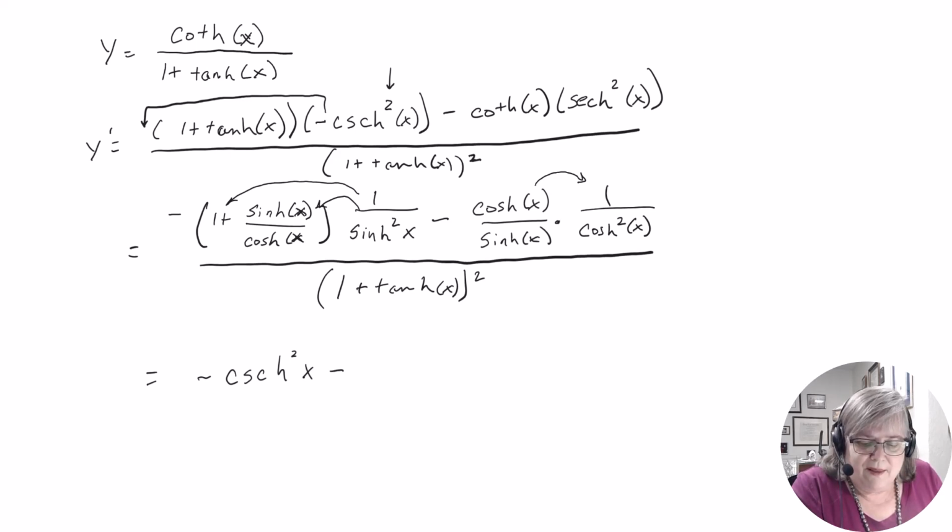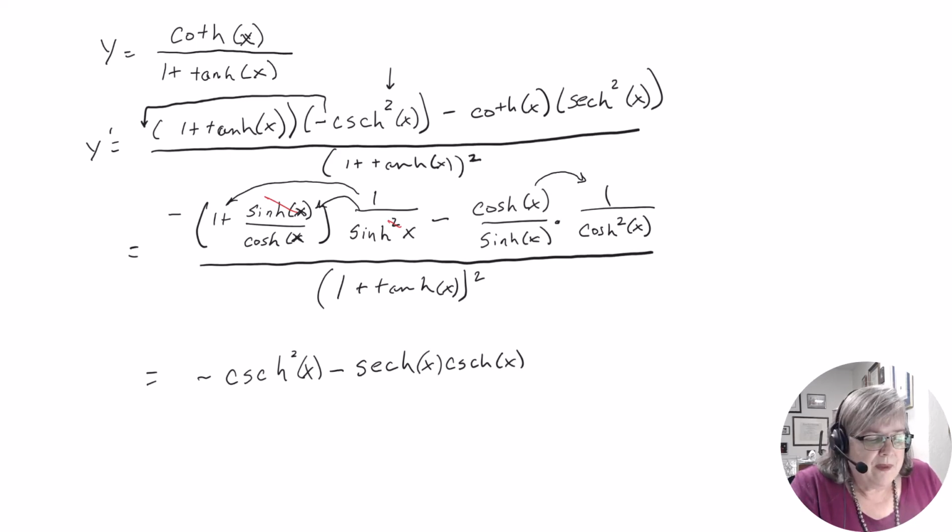And then this sine is going to cancel one of those hyperbolic sines. So I've got 1 over the hyperbolic cosine times 1 over the hyperbolic sine. So this is going to be minus hyperbolic secant of x and hyperbolic cosecant of x.